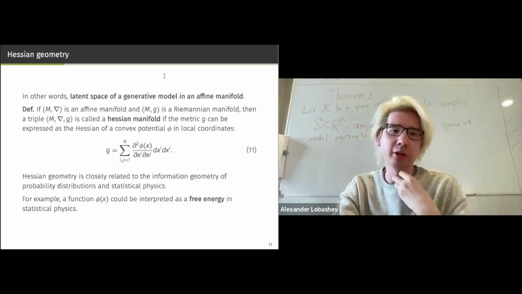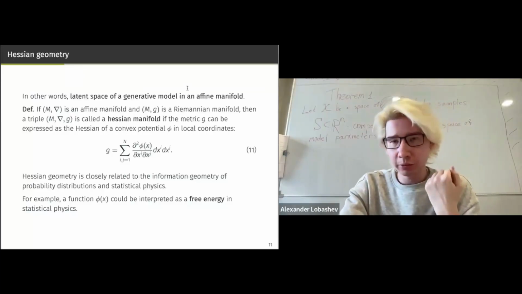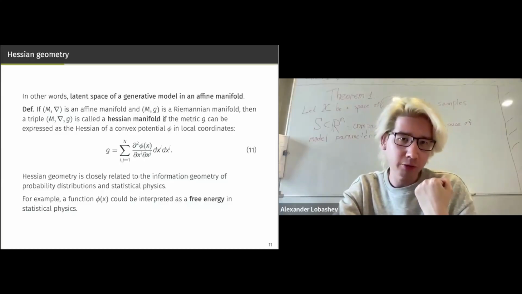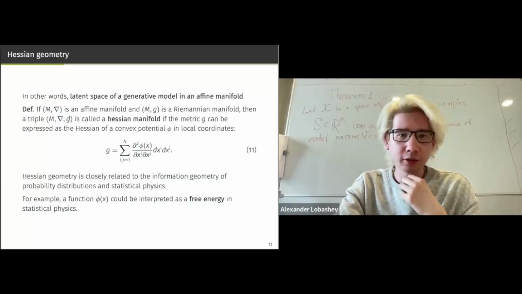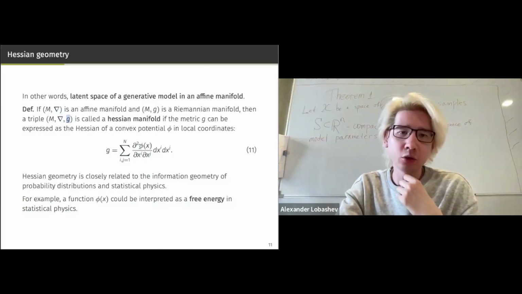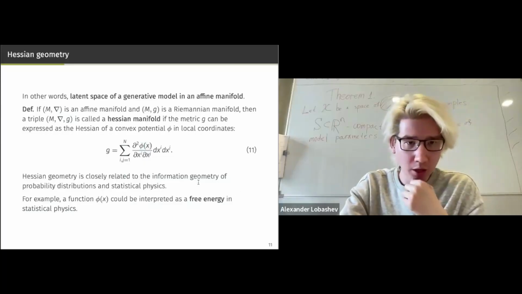So this triple is called a Hessian manifold. Or strictly speaking, an affine manifold which is also a Riemannian manifold is called a Hessian manifold if in local coordinates this Riemannian metric could be expressed as a Hessian of some convex function.